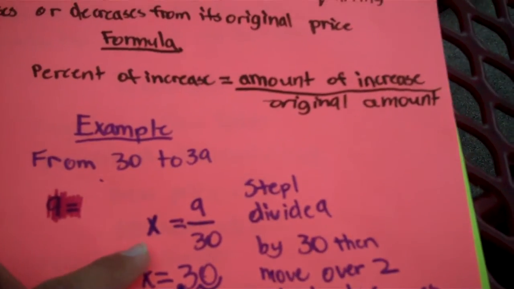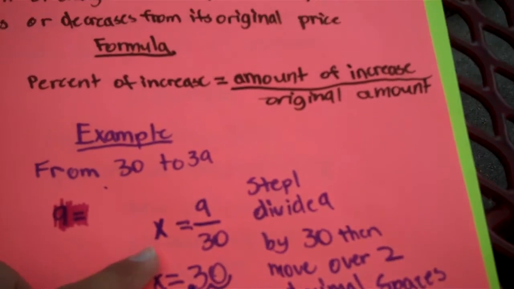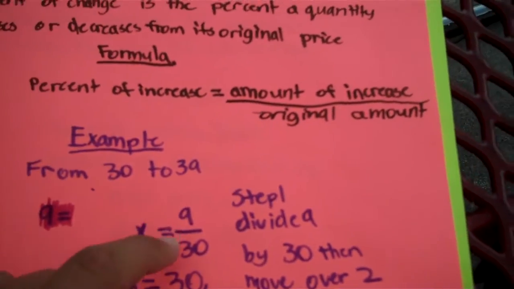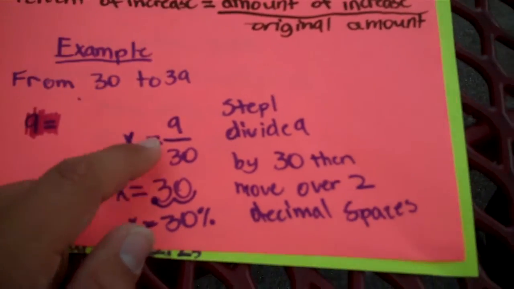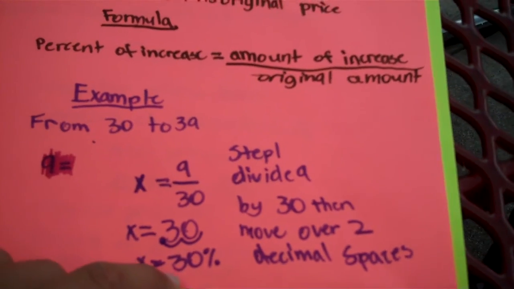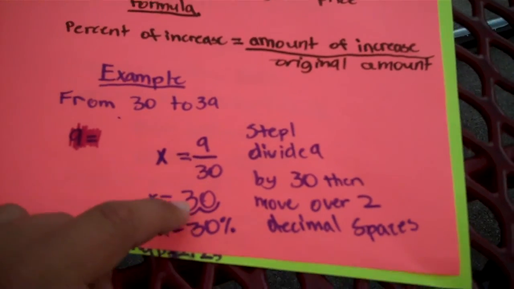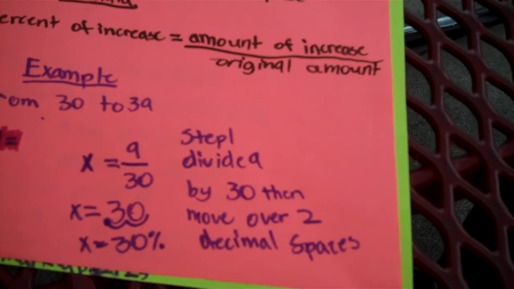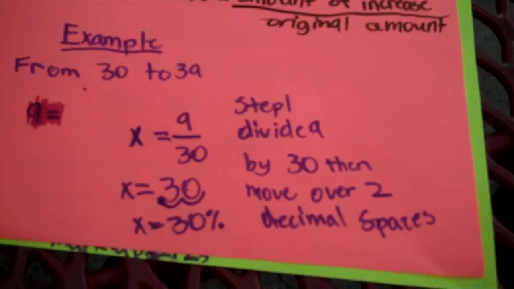Just x equals 9 over 30. And step 1 would be divide 9 by 30. So once you divide 9 by 30, you get 0.3, and then you'd have to turn it into a percent, which basically means move the decimal back over 2 places, so 30%.